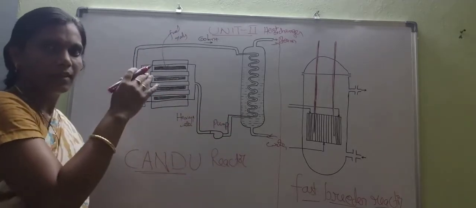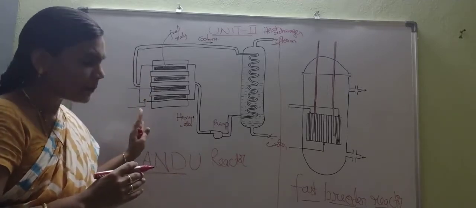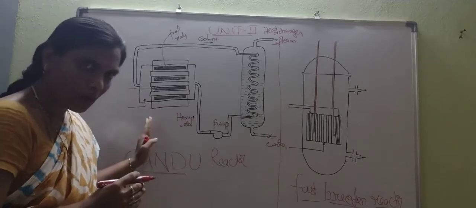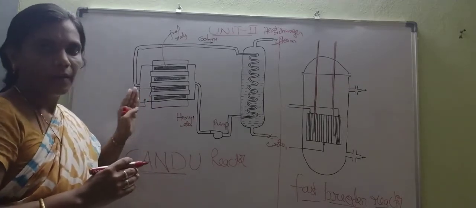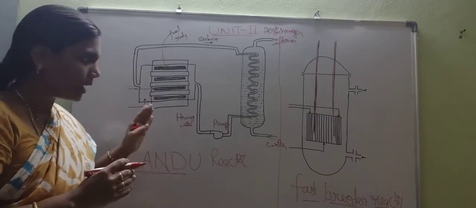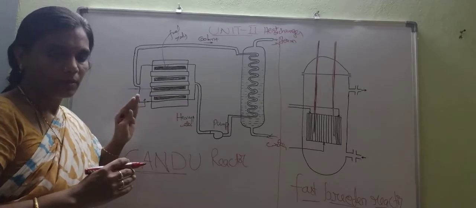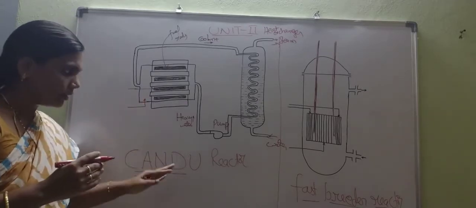That part is very well known. But here we just have to know what the coolant is, and which material is used as control rods, moderator, and fuel in the CANDU reactor.